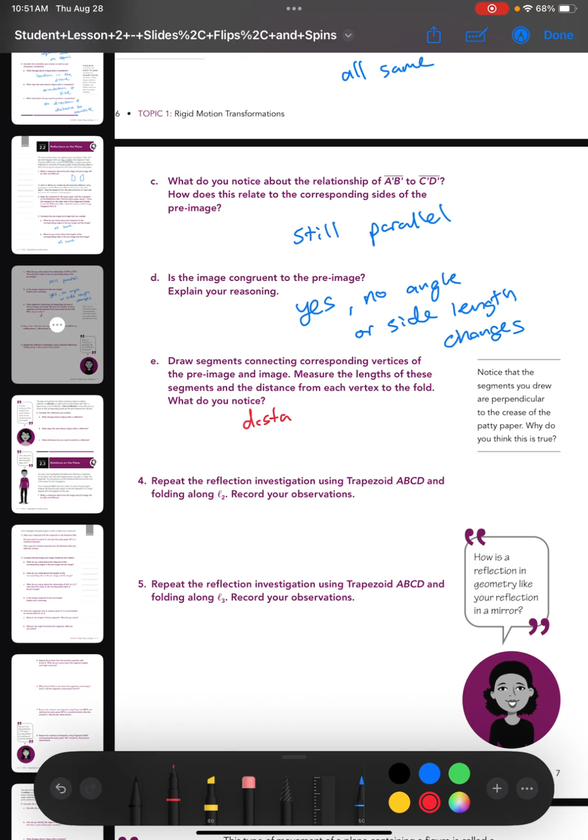So distance from vertices to reflection line are equal. We'll say in pre-image and new image.